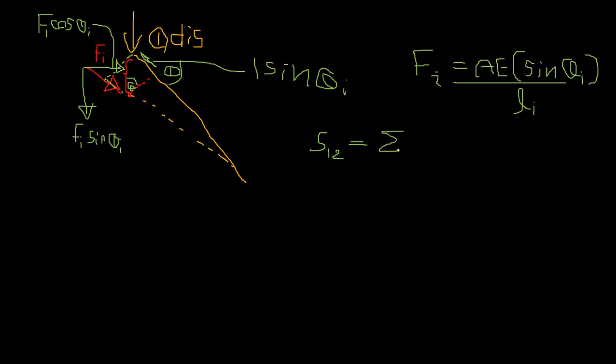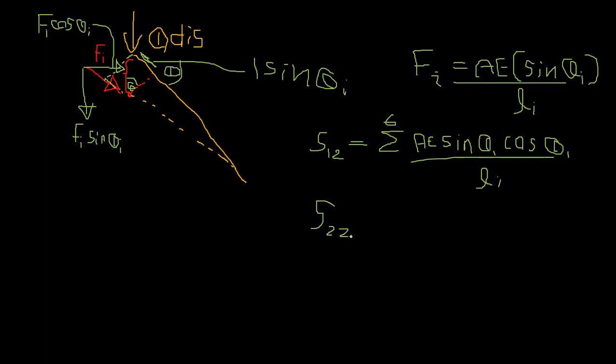So we have to sum up for 6 members. This is only for a single member. So that means AE sin theta i into cos theta i over Li.